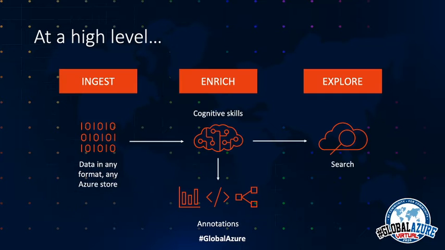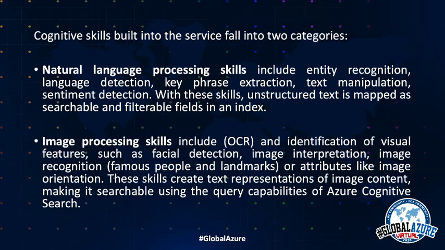Usually, these cognitive skills that I mentioned in the enrichment part are within two categories, depending on what you are analyzing. The first one is the natural language processing skills, which of course include entity recognition, language detection, key phrase extraction, text manipulation, sentiment detection.